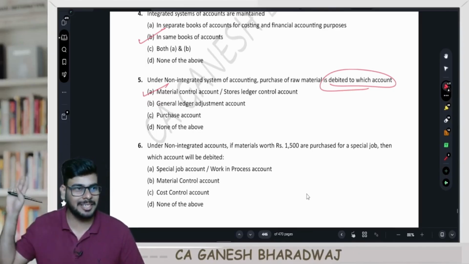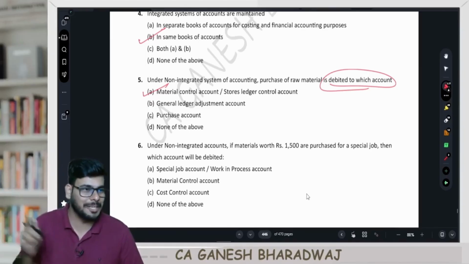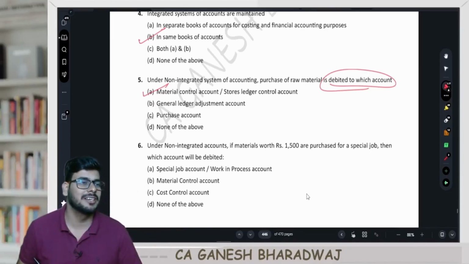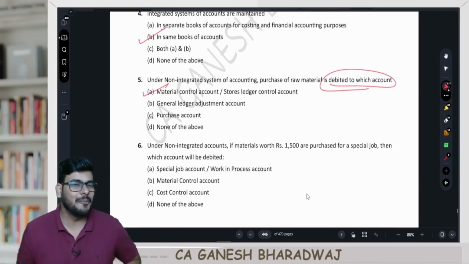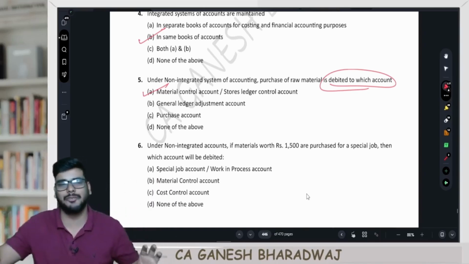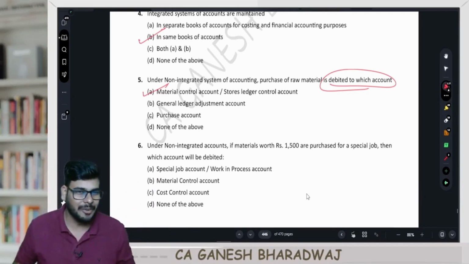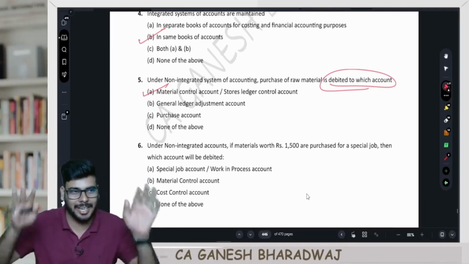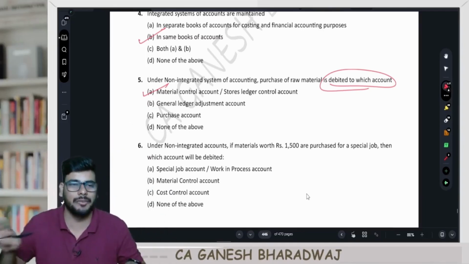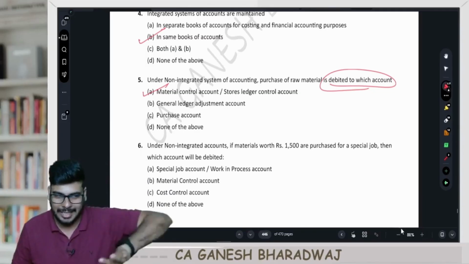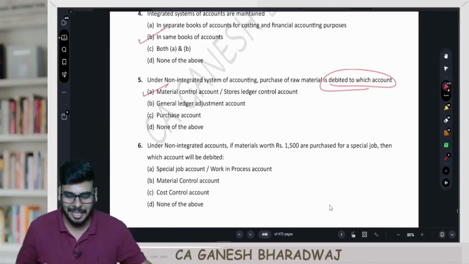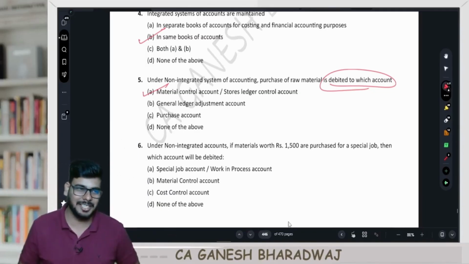Maybe the creditor's account will be credited or bank, but the debit will only go to the stores ledger control. Did we maintain a purchase account in integrated? If you maintain a purchase account for purchases and a sales account for sales, then how can you track your stock? So when you follow integrated or non-integrated, it is only for costing, separately or with the accounts. In that case also, the 10 ledgers of costing will be retained. They have just confused you by asking this.